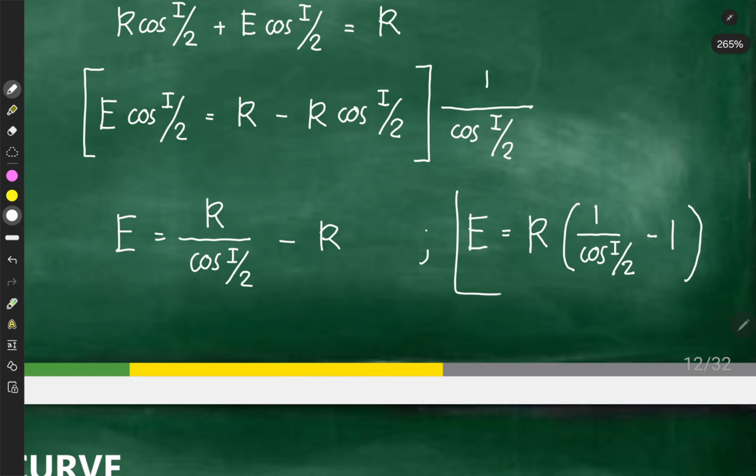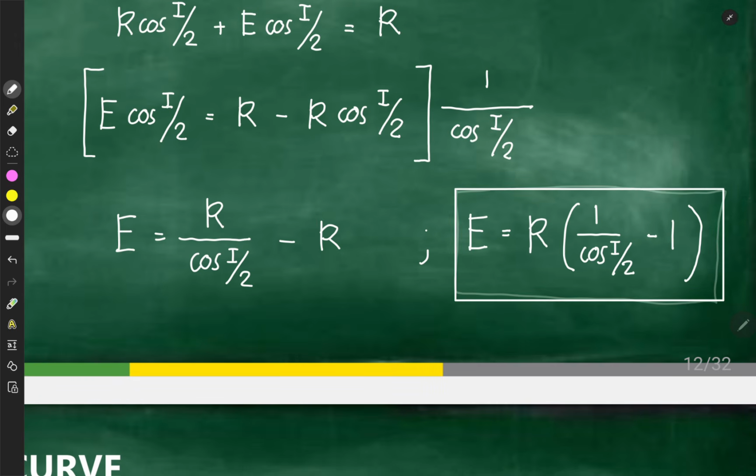This will now be our formula for external distance.